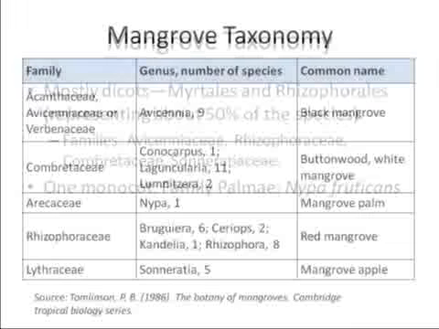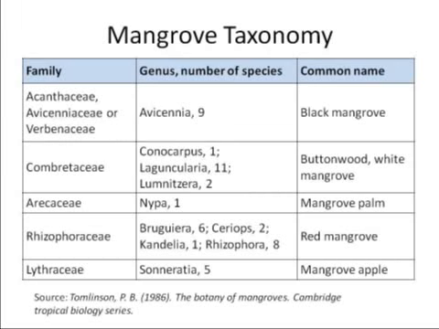Concerning mangrove taxonomy, there are 9 species of mangrove from family Acanthaceae, 14 species from family Combretaceae, 1 species from Arecaceae, 17 species in family Rhizophoraceae, and 5 species from family Lythraceae.